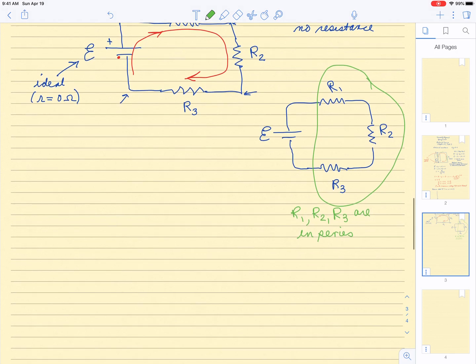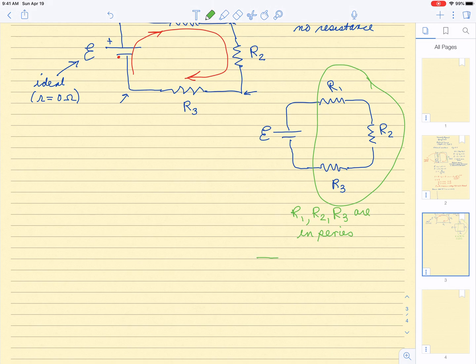So again, we can formalize this, right? So that when we have devices that are connected in a head-to-toe fashion, so there's device 1, device 2, device 3, and they're connected in a head-to-toe fashion, we say that these devices are in series.